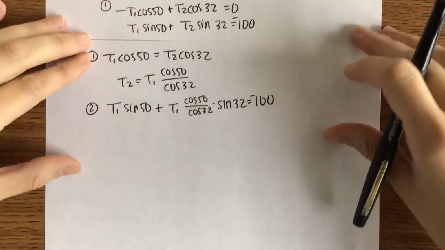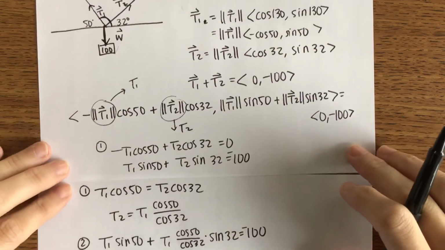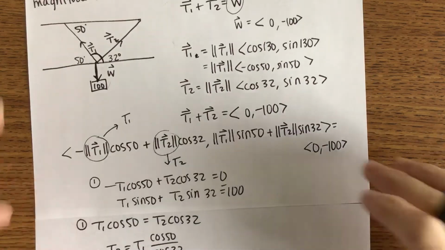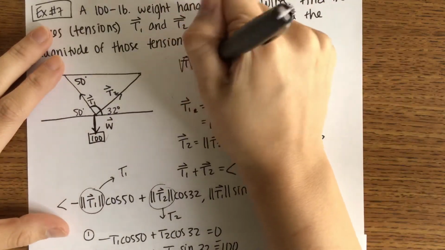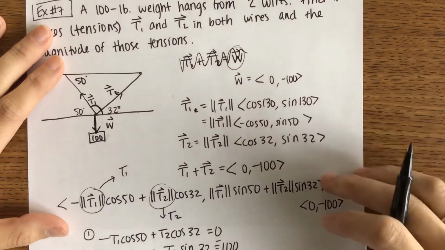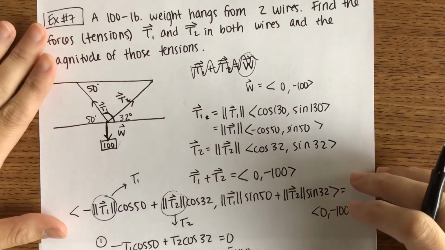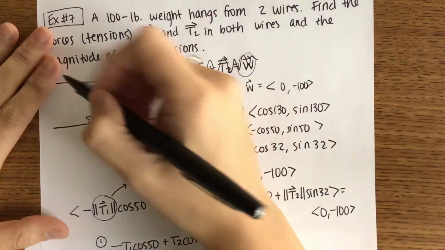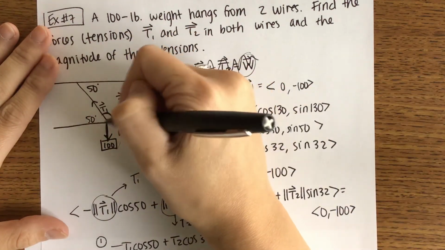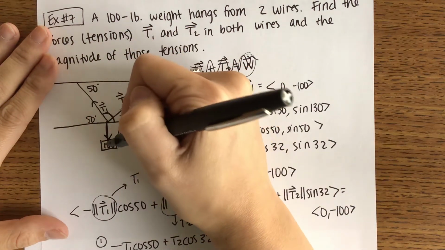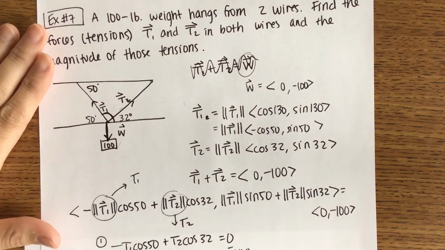Okay. If we go back up here, sorry, I misspoke on this. W is in fact 0, negative 100. Now what we need is the resultant of these two wires to balance this, to counteract it, right? So that the weight doesn't move.